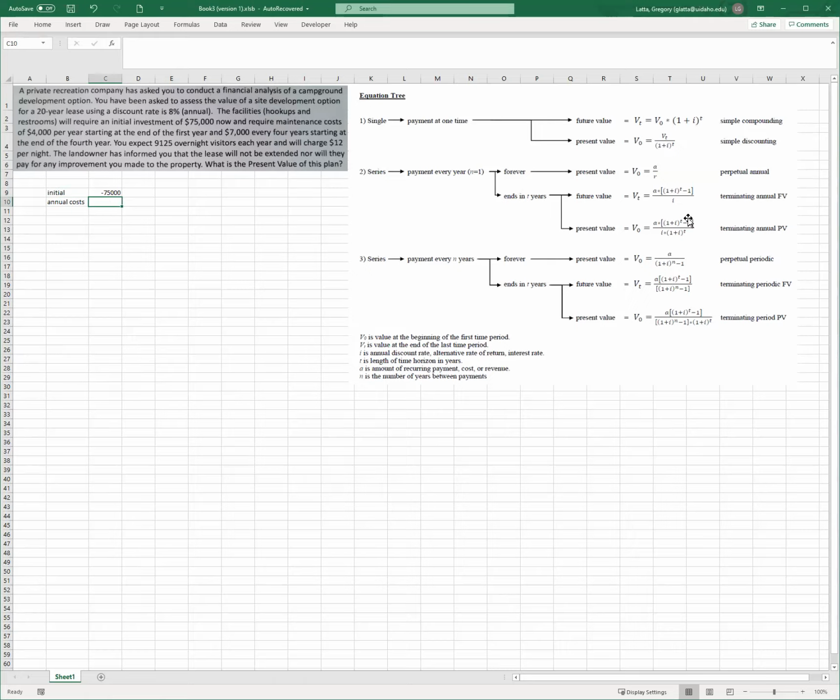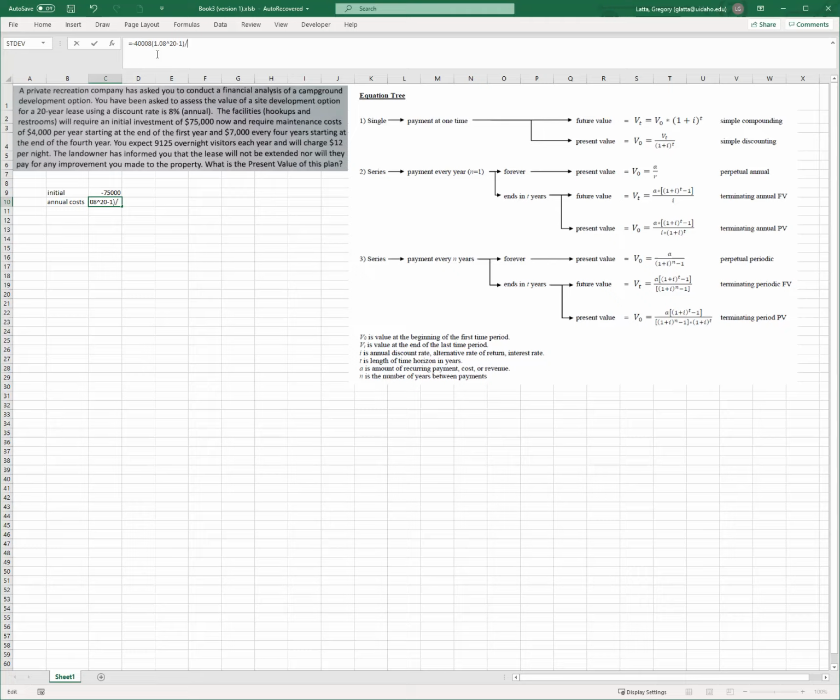If you can see it, that is the present value of the terminating annual, V0 equals A over there. So up in my cell, I'm going to do equals, and my A was minus 4,000 times (1.08 to the 20 minus 1).